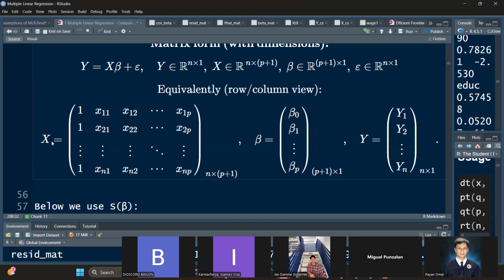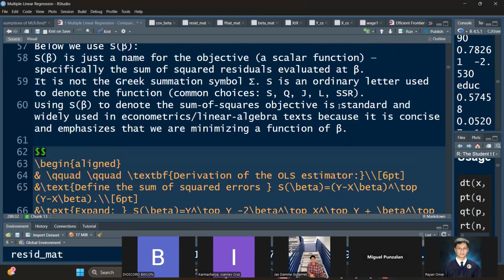We can represent this as n by p, and just assume that p includes your intercept. And your beta is also p plus 1 to include the intercept. We can also define this as p by 1, with the understanding that p includes the beta null, the intercept. So y is equal to X times beta, matrix multiplication.